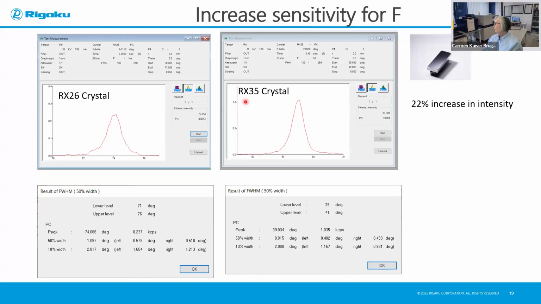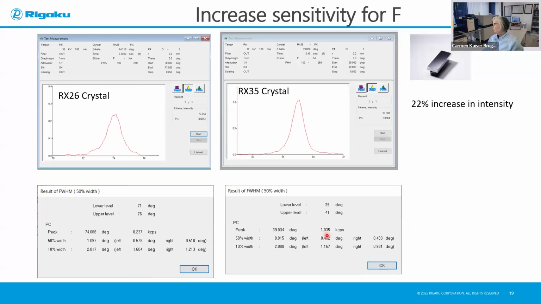And we also have an RX35 crystal. If you look at the peaks for this particular sample, you can see that if you use the RX35 crystal, we increase the sensitivity a lot, and we get a much higher intensity.